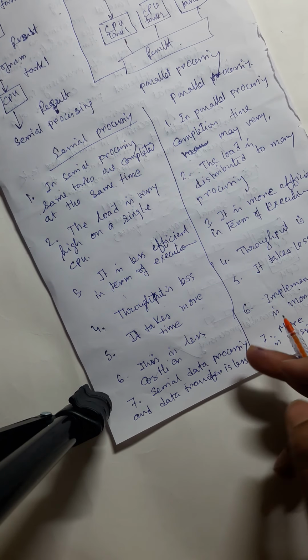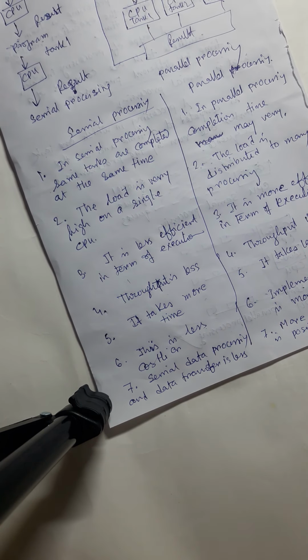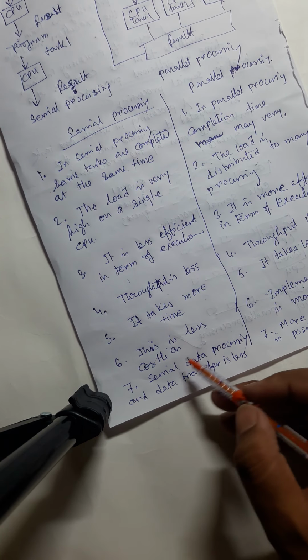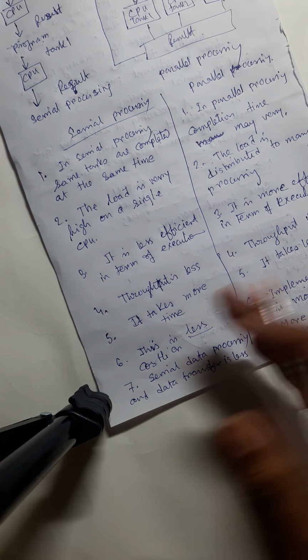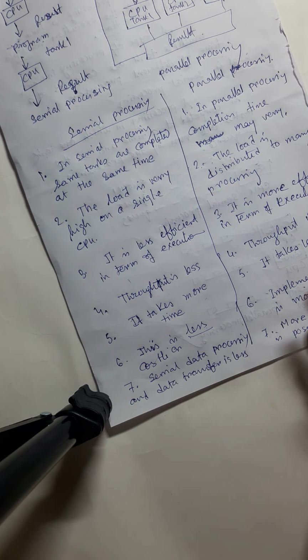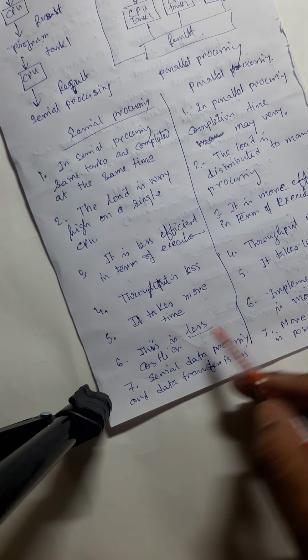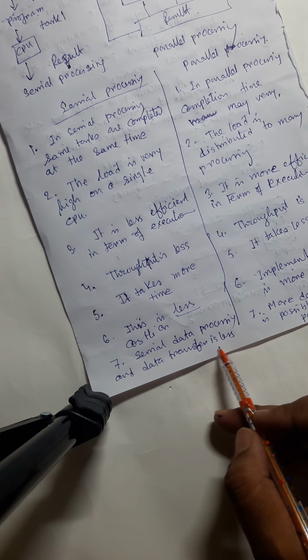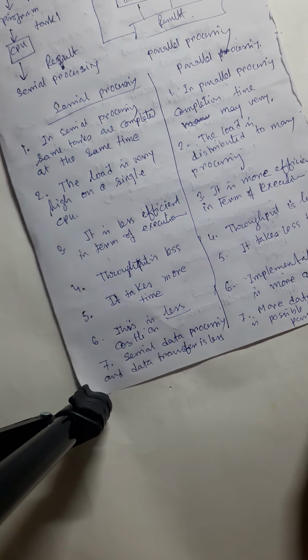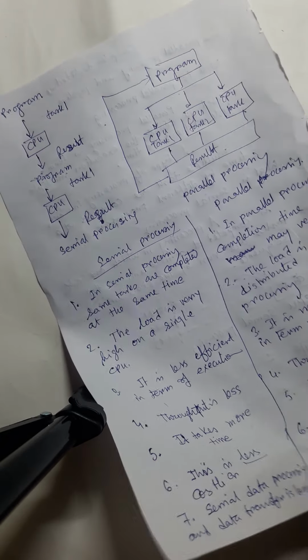Serial is less costly, while parallel is more costly because many CPUs are required, so installation cost is higher. In serial processing data transfer is less, while in parallel data transfer is more. So this is the basic difference between serial and parallel processing, and what serial processing and parallel processing are.